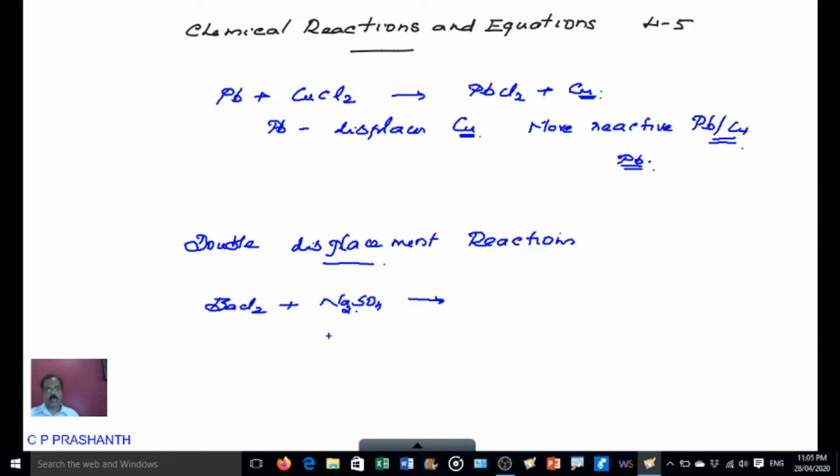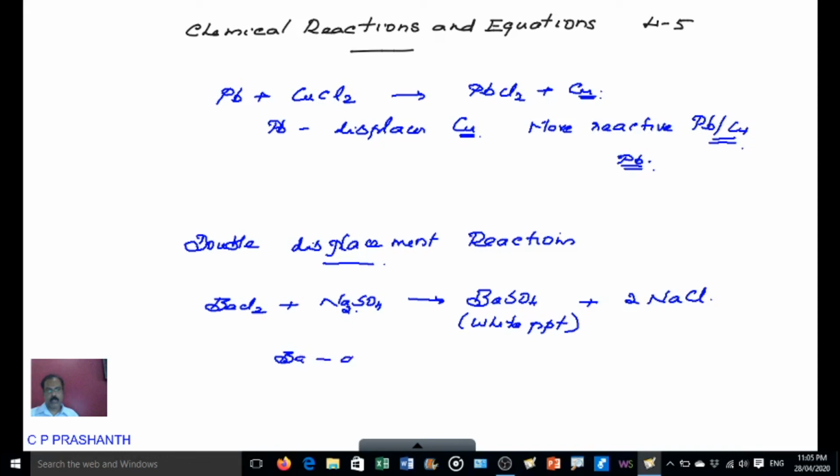So because of the reaction you get barium sulfate, which is a white precipitate, and sodium chloride. That white precipitate you had seen in the test tube was barium sulfate. And sodium chloride remains in the solution. It will not be a precipitate because it gets dissolved in the solution.